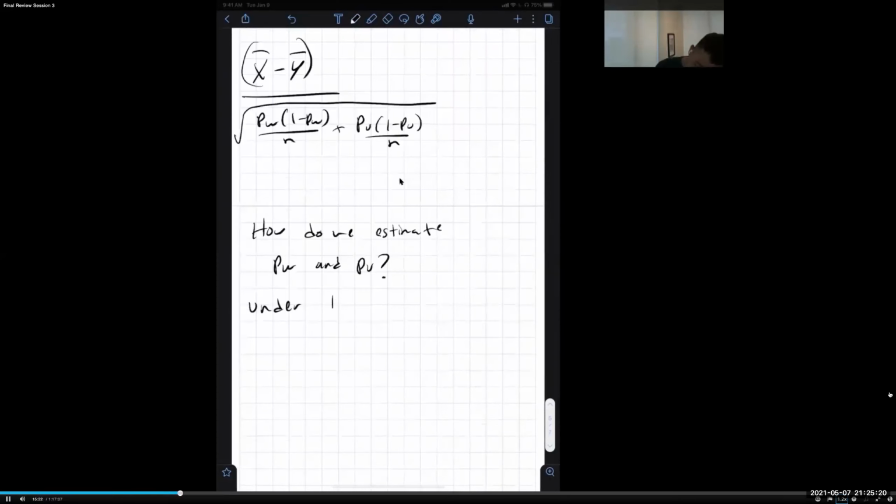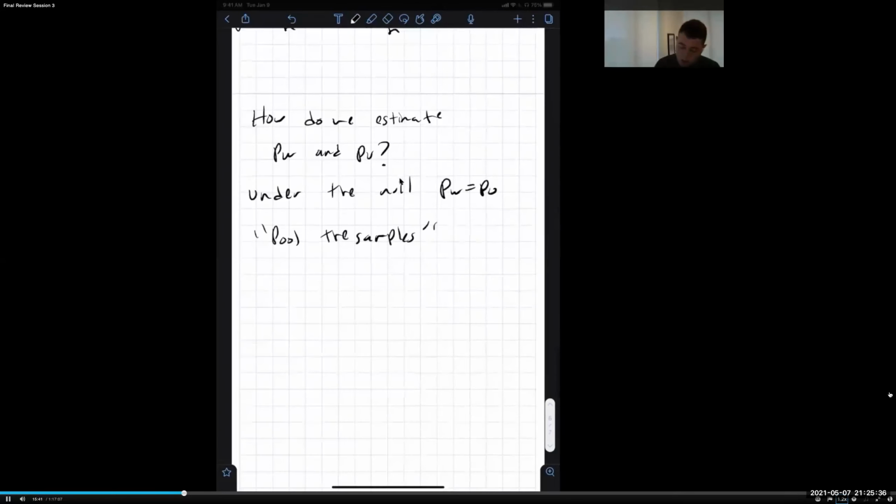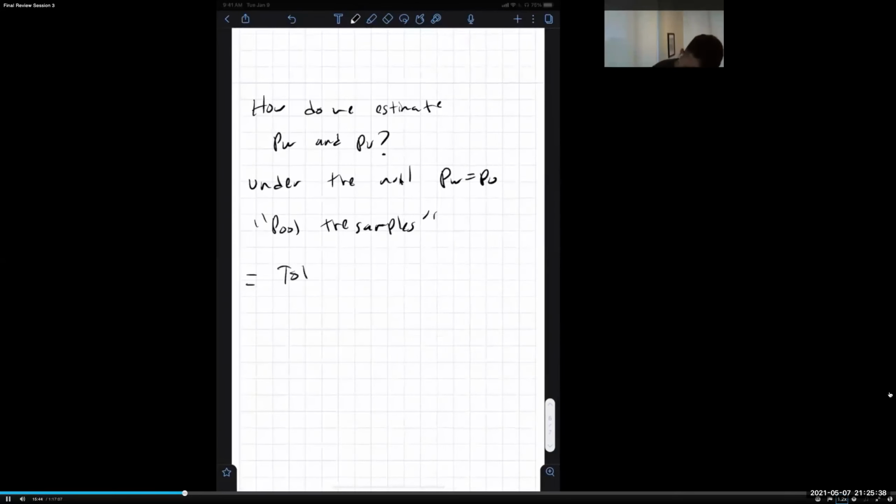So the way that we can do that is we would just pool the samples to create our best estimate under the null. And what that means is I'm going to take all of the successes from both of them and divide by all of the trials. So this equals the total number of successes divided by the total number of trials.